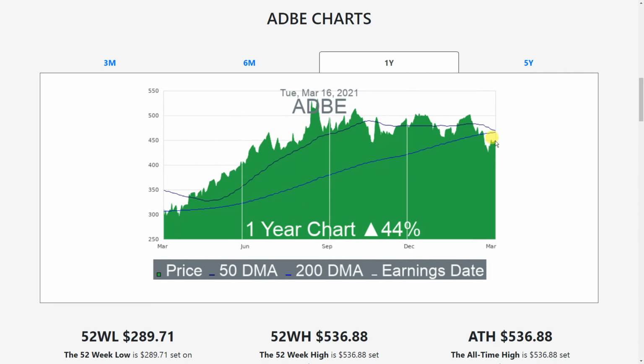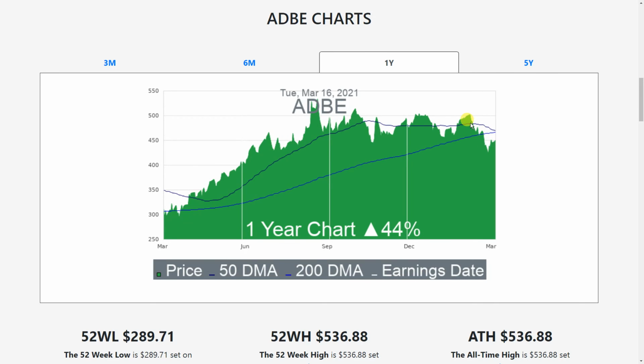The price is below both moving averages, and that could be more of a bearish signal for the stock. However, if the stock just shoots right back up over the next few days or week or month, then that's going to change. But all we know is what we see right now. That is a possible situation.